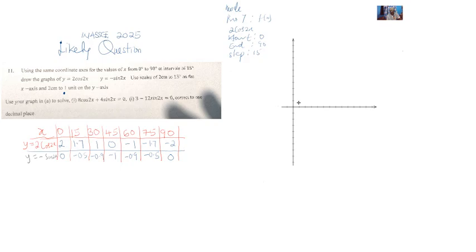The first value is 0, which is in the center. Then the next one is 15, then 30, 45, 60, 75, and then 90.